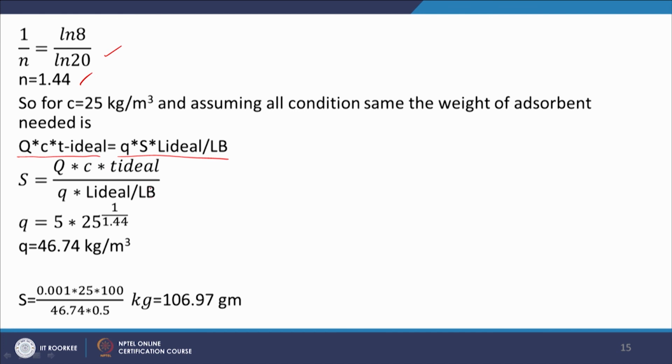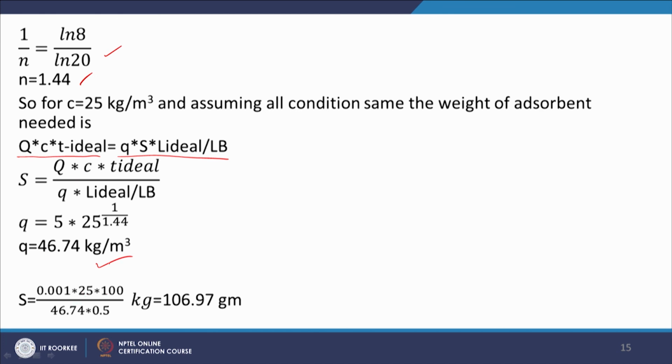Now, what is q in this case? q is equal to 5 into 25 to the power 1 by n, with n equal to 1.44. So that is equal to 46.74 kg per meter cube. We put this value here. For S, the q value is given, and the C value in this case is different, 25 kg per meter cube.